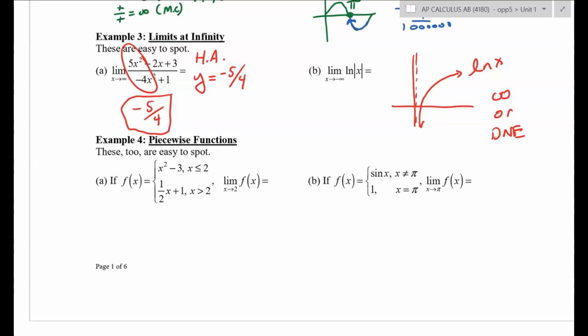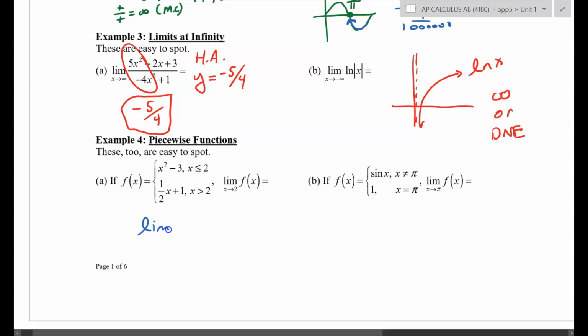When they come together, which means the limit from the left is the same as the limit from the right. So if I want to know the limit at 2, I want to know: is the limit of f(x) as I go to 2 from the left equal to the limit as I go to 2 from the right? If the answer is yes, then the limit at 2 is whatever I get.